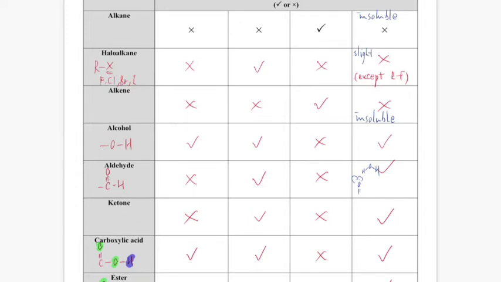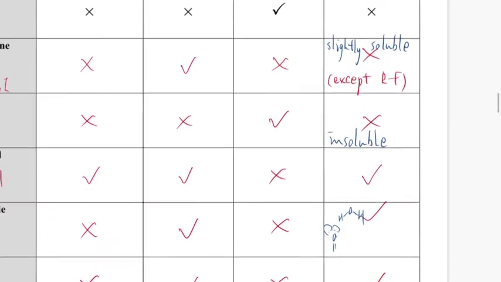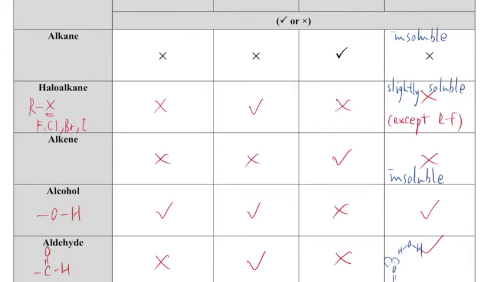Slightly soluble, and this is because of the polar bond that it contains, the polar C-X bond within the haloalkane molecule.